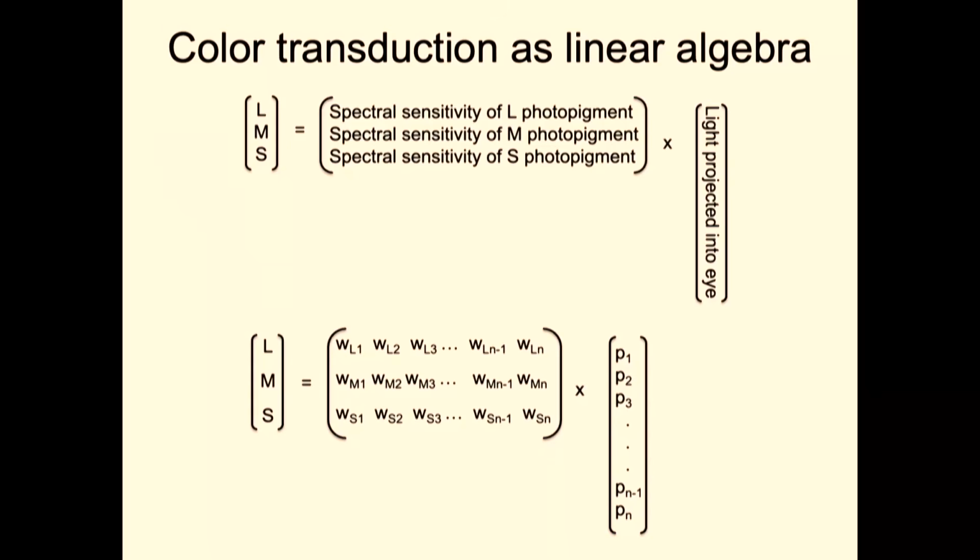All right, so one really important consequence, one really intriguing consequence of this, namely the fact that you have this very high-dimensional thing coming into your eye that gets projected down onto this 3-dimensional space.